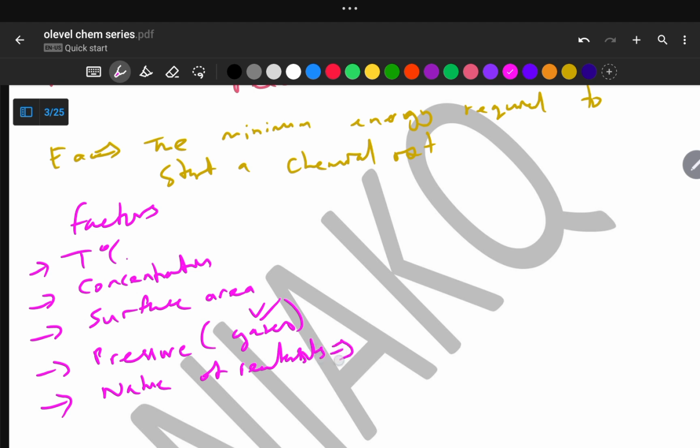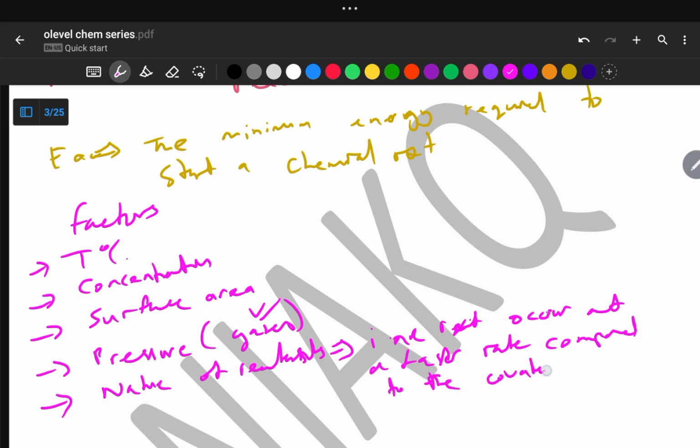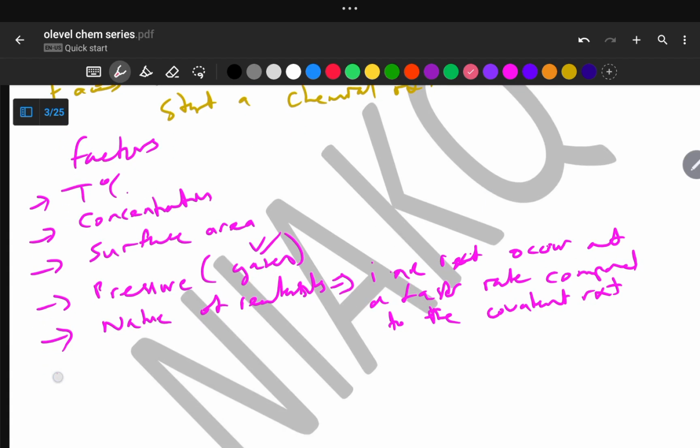So ionic compounds, ionic reactions, they occur at a faster rate compared to covalent reactions. And lastly, we have this one, the catalyst. So we're going to explain the catalyst later. As for now, we want to explain these factors one by one.